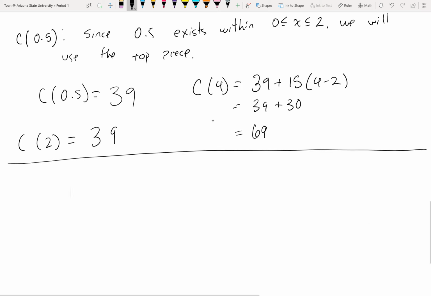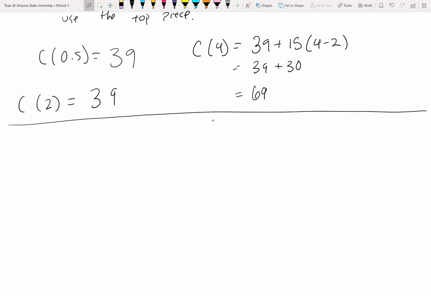More vocab when it comes to functions. I may toss this term a lot: net change. Especially in Calc 1, you'll be finding net changes a lot because Calc 1 is all about the study of the changes within the values of a function.